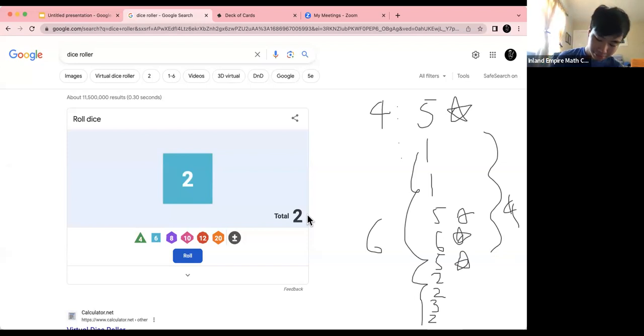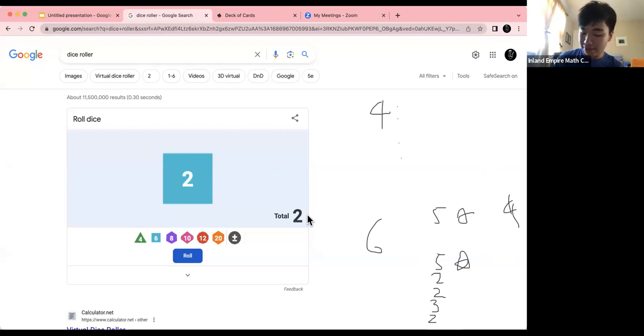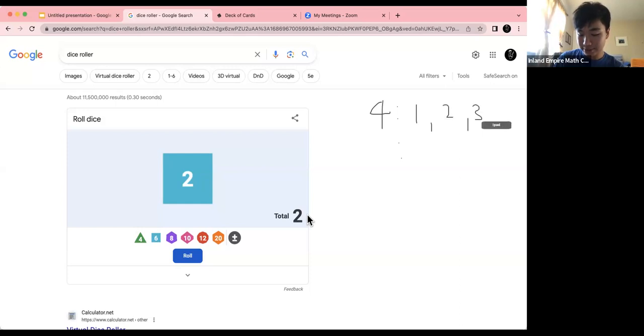The thing is that we can also look at all of the possibilities for each of these outcomes. There are actually 6 different outcomes. Your second roll could be 1, 2, 3, 4, 5, or 6.